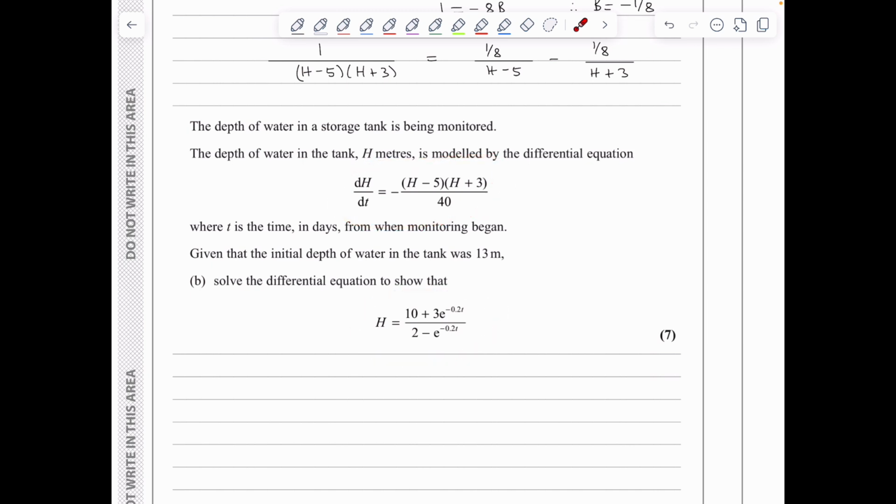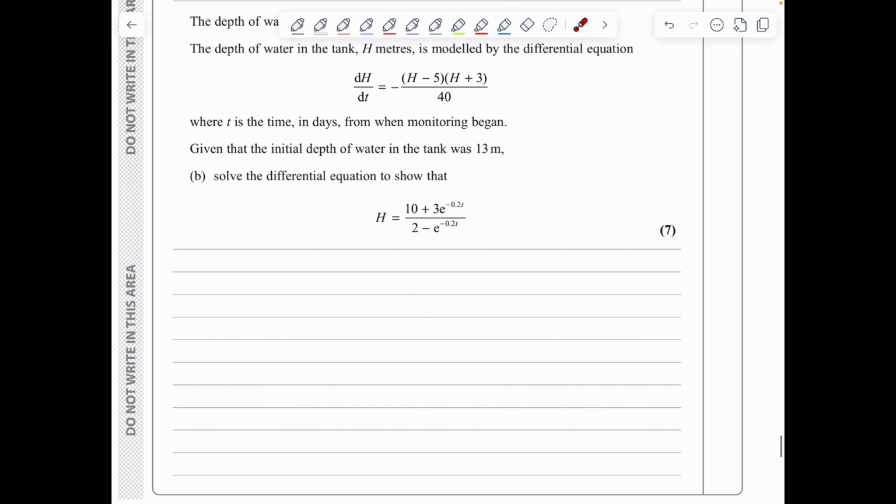I will do this by separating the variables, which means I will use cross multiplication to collect the h with the dh term on the left hand side and the t with the dt terms on the right hand side. So we are looking at 1 over h minus 5 times h plus 3 dh being equal to minus 1 over 40 dt, and I can integrate both sides.